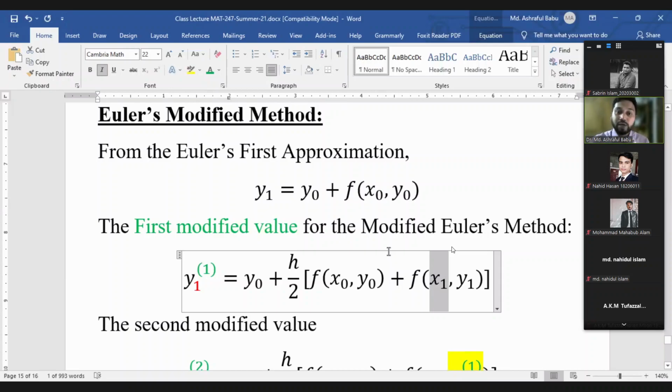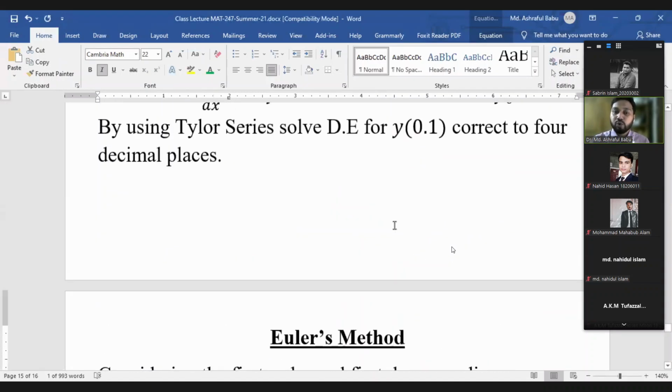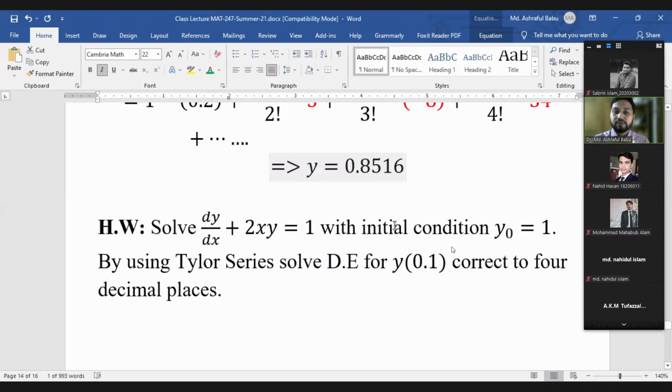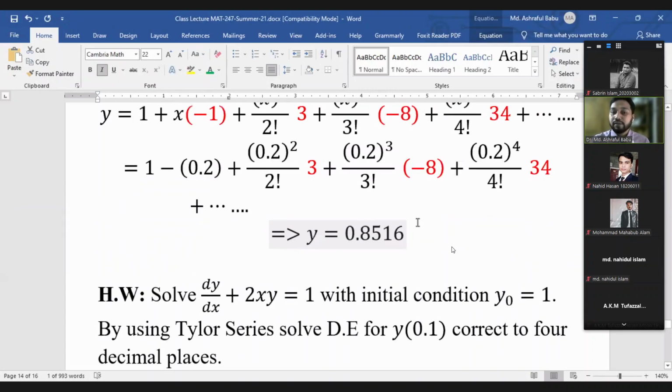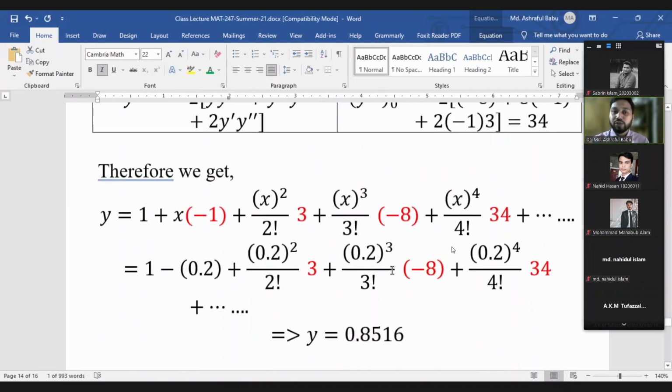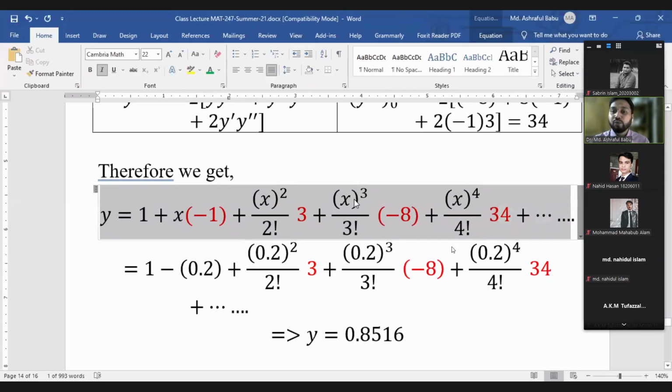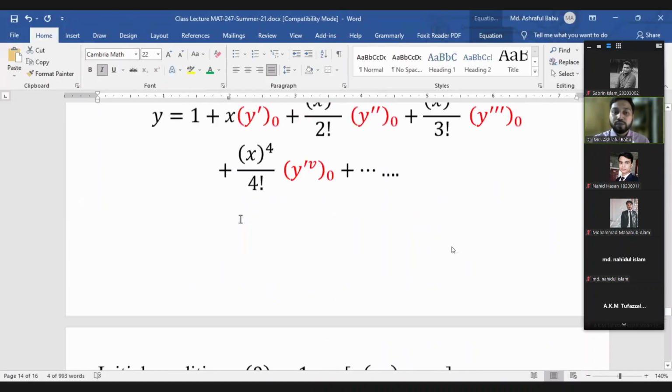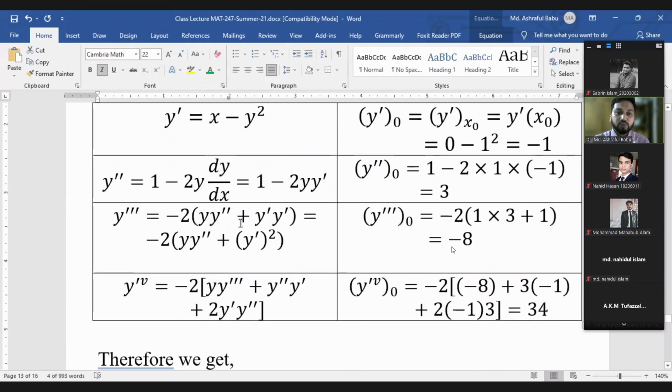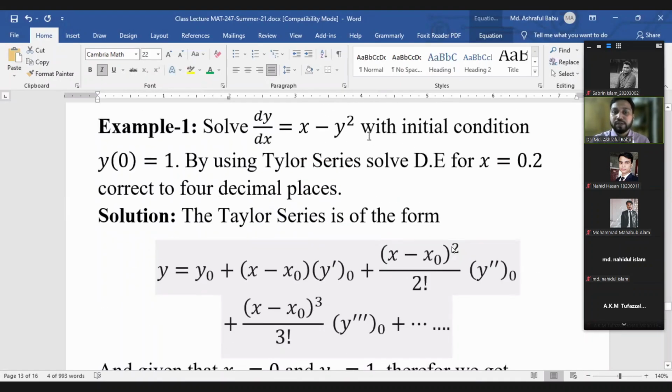Now, how will x1 be given? If you look at the problem for the Taylor series method, what do we actually have to do? We are finding the numerical solution. In the problem, by the initial condition, we have to solve for x equal to 0.2.